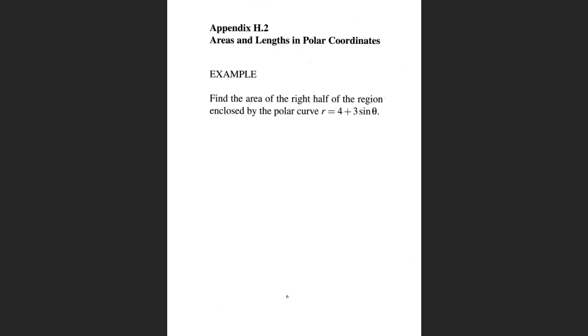Okay, so we want to find the area of the right half of the region enclosed by this polar curve, r equals 4 plus 3 times the sine of theta. What would you recommend the first thing we should do is for this problem?